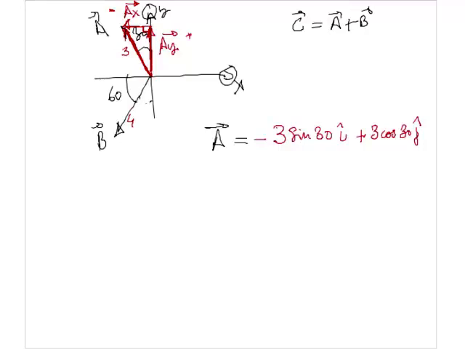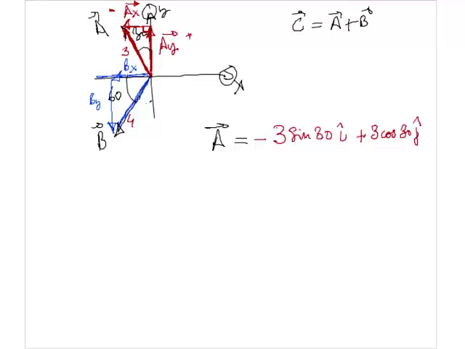Okay? Let's do B. B, my angle is defined between this line and this line. So definitely I want to decompose my vector B as Bx first and then By. My Bx will be the adjacent, cosine of 60, and my By will be the opposite, therefore sine of 60.